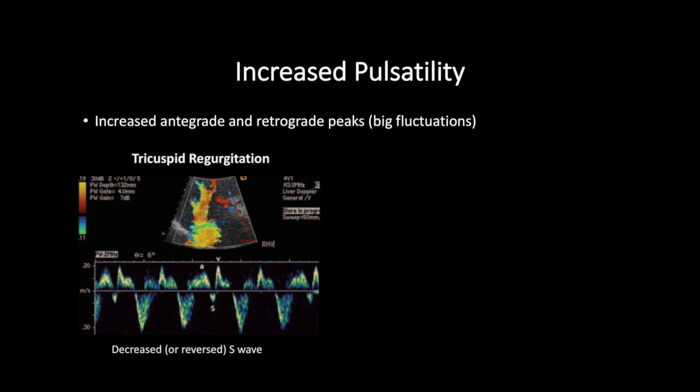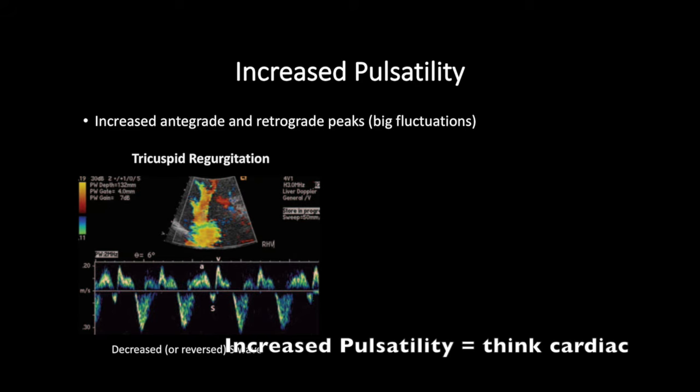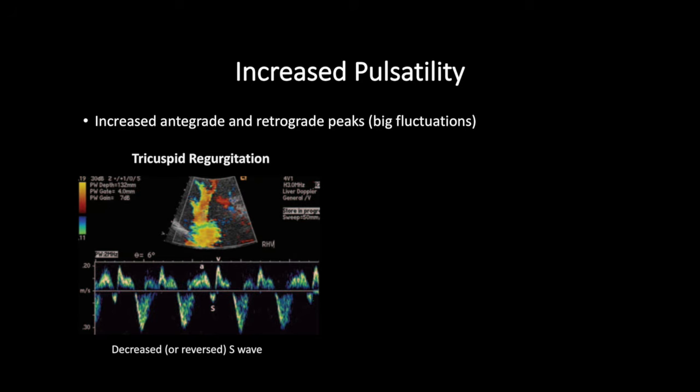And to be honest, in clinical practice, it's really just your job to recognize that the waveform is abnormal and then suggest that it has a cardiac cause. But let's try to understand the theory and understand how to figure out if it's tricuspid regurg and what it looks like, or just right heart failure without tricuspid regurg.